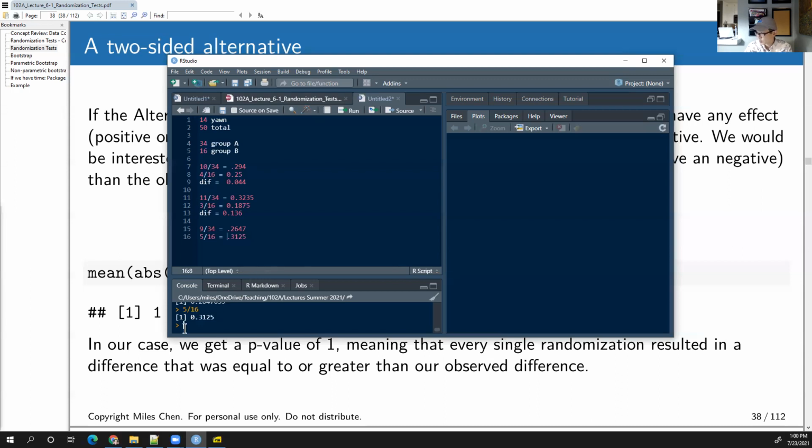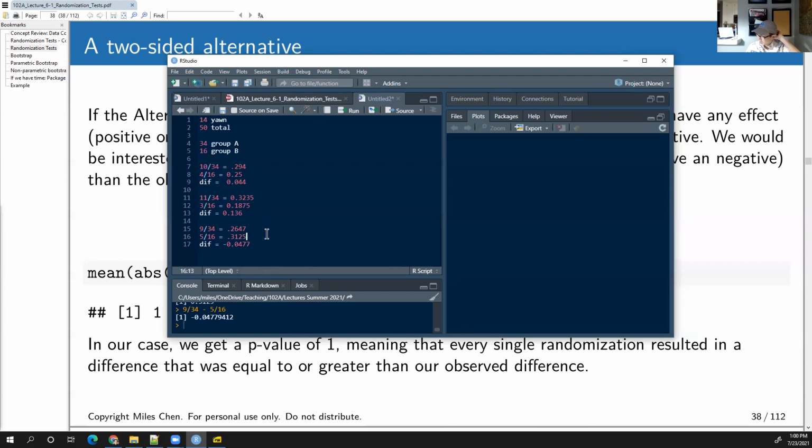Okay, and so what's the difference there? 9 out of 34 minus 5 out of 16. That's a difference of negative 0.0477. Okay.